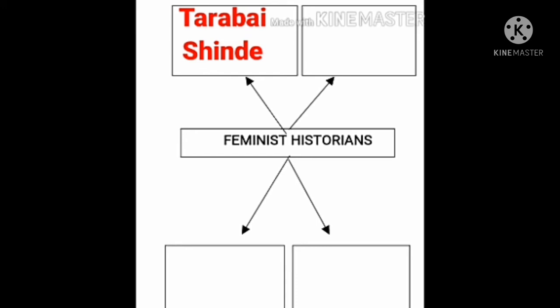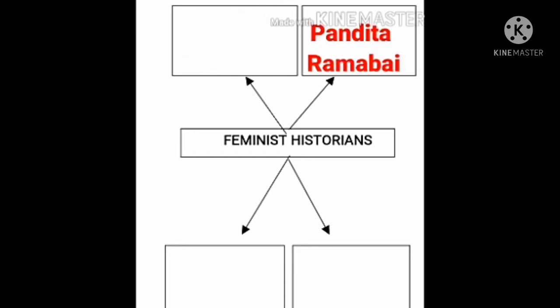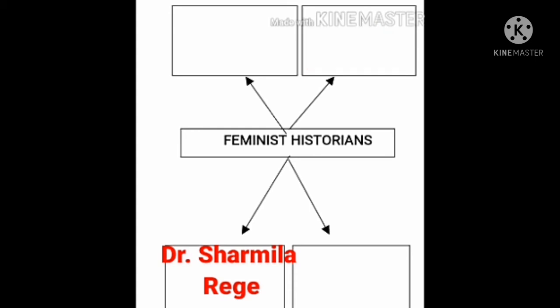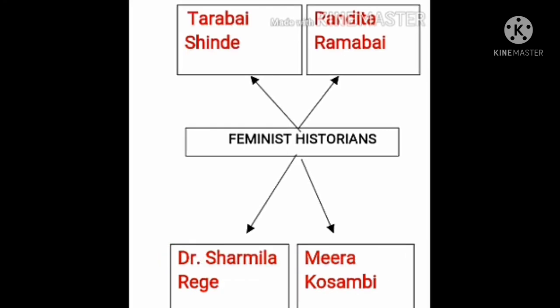Then the second box, Pandita Ramabai. Then in the third box write down Dr. Sharmila Rege. Then in the fourth box write down Meera Kosambi. So complete this in your worksheet.